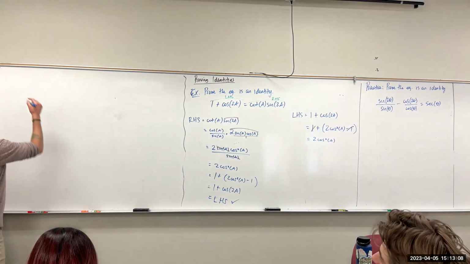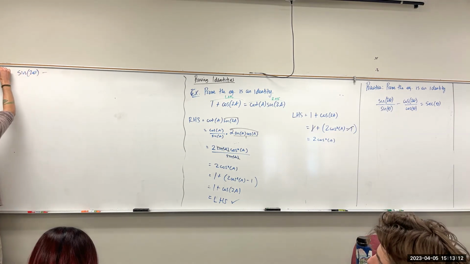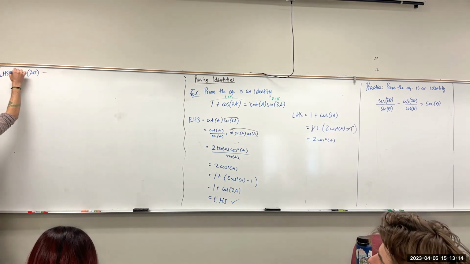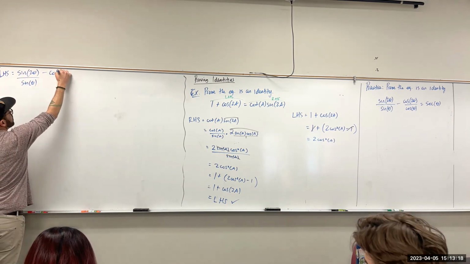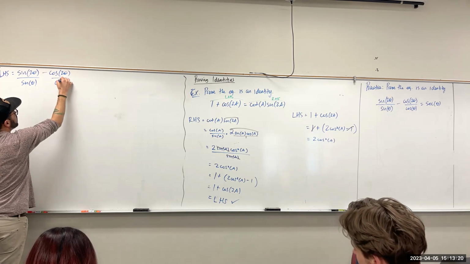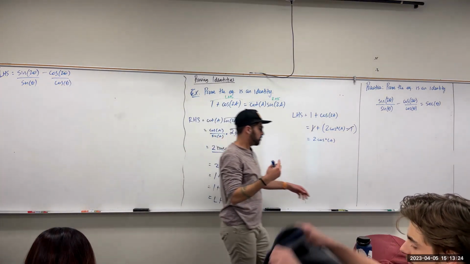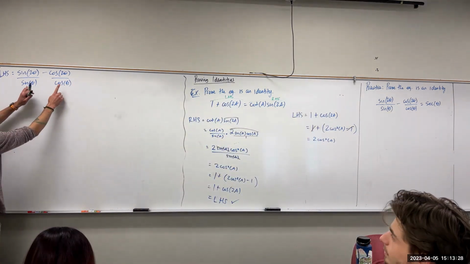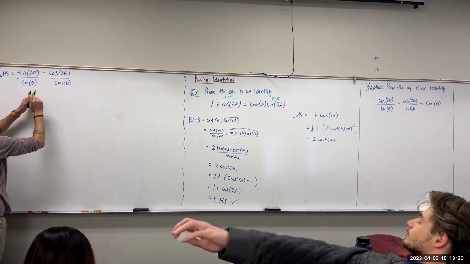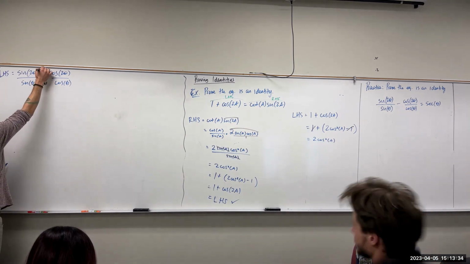So we've got sine 2 theta on the left hand side, sine theta, cosine 2 theta. What I saw folks do was the harder one, meaning it just took more steps. You started by adding, subtracting the fractions. So you multiply this by cosine theta over cosine theta.